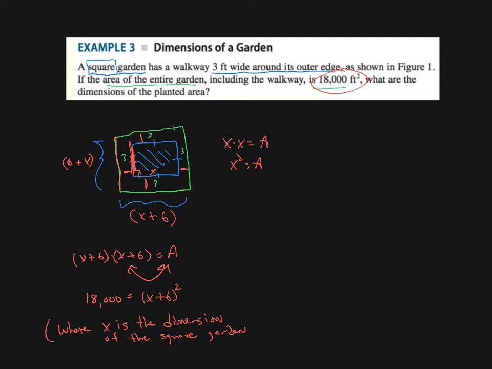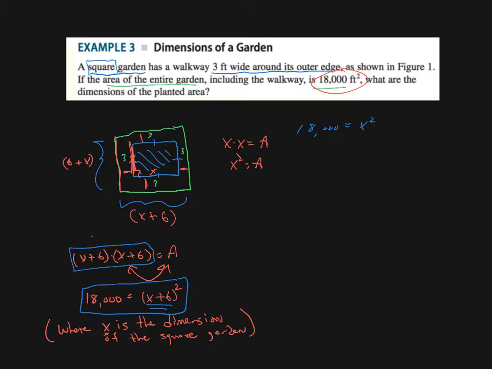And it should be noted that x is the dimension of the square garden. So what we have here is a quadratic. And what we're going to want to do is expand this. So although it's cutesy to write it this way, it's probably better to think about multiplying it out like this. So we have a binomial that we want to square out. So that's going to be 18,000 is equal to x squared, right?